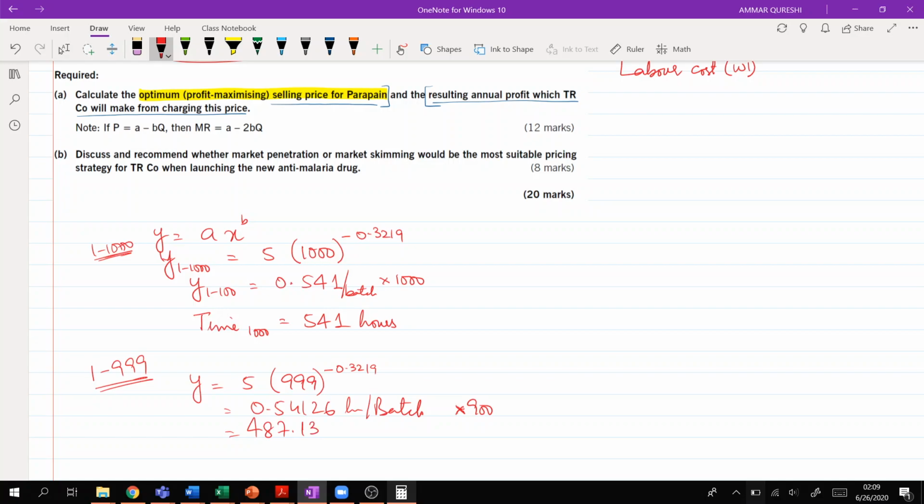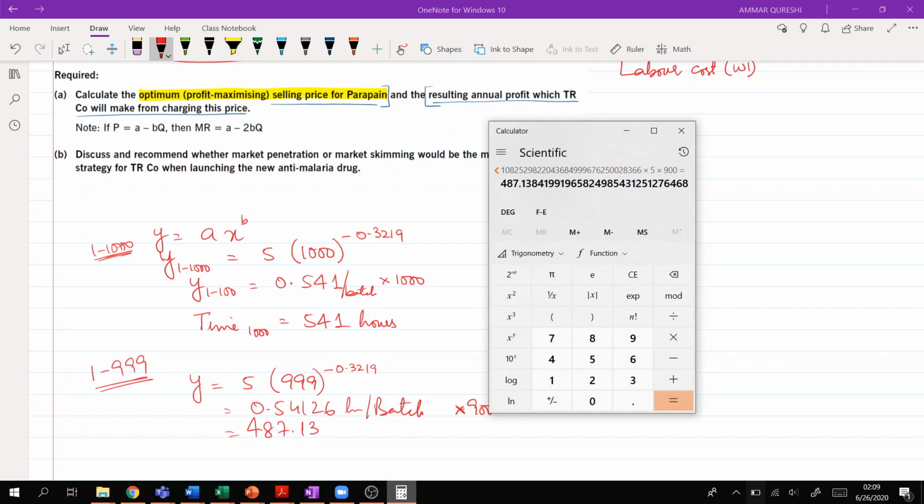Right? So I think there's something wrong here. Let me try to recalculate this. 1000 raised to the power minus 0.3219, multiplied by 5, multiplied by 1000.